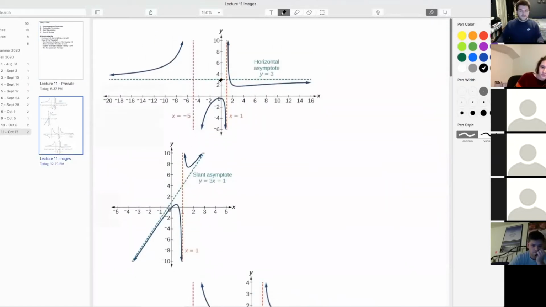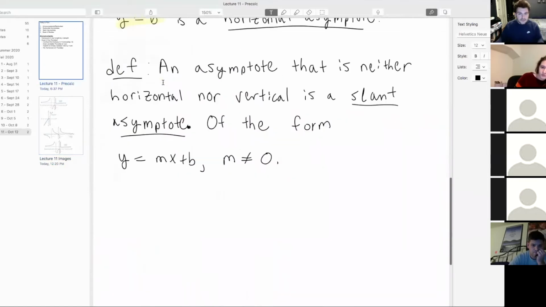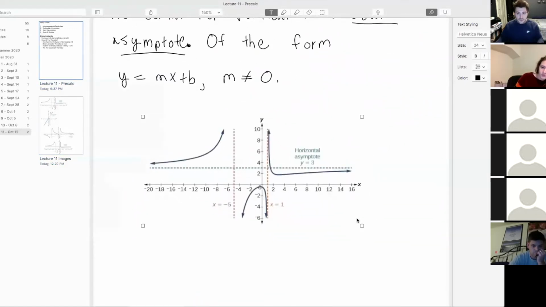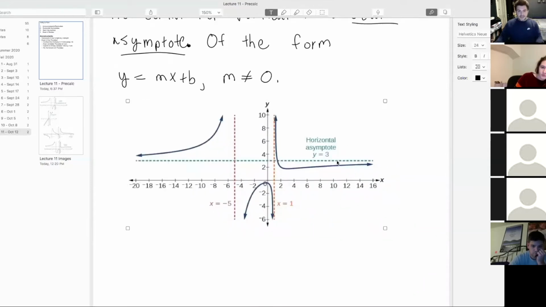Okay, so first one, let's get the horizontal asymptote going. This dotted line here, that is a horizontal asymptote at y equals 3. You can see that as the input x approaches infinity, the graph is coming arbitrarily close to this dotted line.